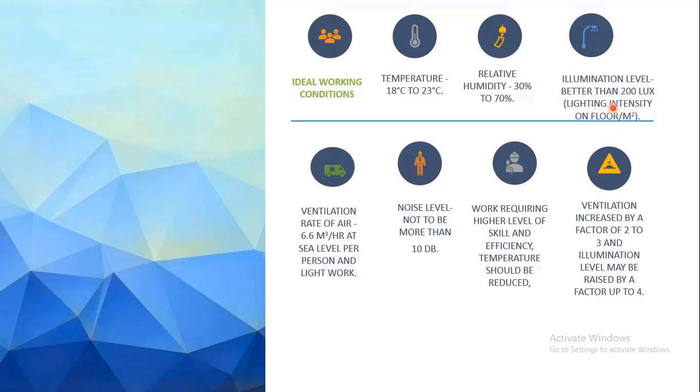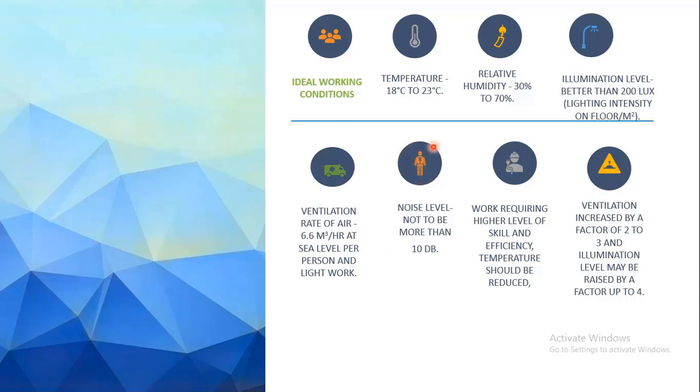That should be the intensity required, and that will be the ideal condition as far as light is concerned. Now ventilation. Ventilation means what? The rate of airflow has to be 6.6 cubic meters per hour at sea level per person and light work. So this is the standard rate of air circulation, 6.6 cubic meters per hour at sea level per person at light work.